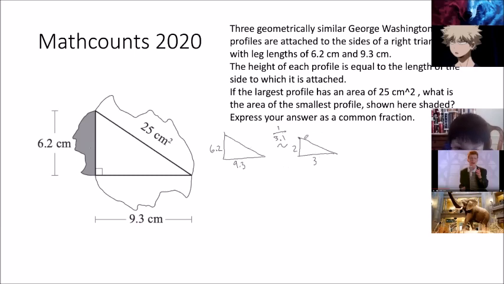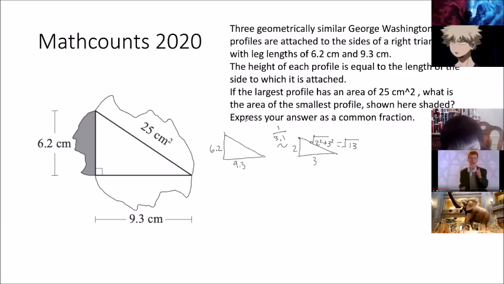So these two triangles are actually similar. And this third side, we can calculate much easier. Square root of 2 squared plus 3 squared equals square root of 4 plus 9, which is square root of 13. Okay, that's much easier. But this is a different triangle, right? Can we actually use this triangle for this problem?